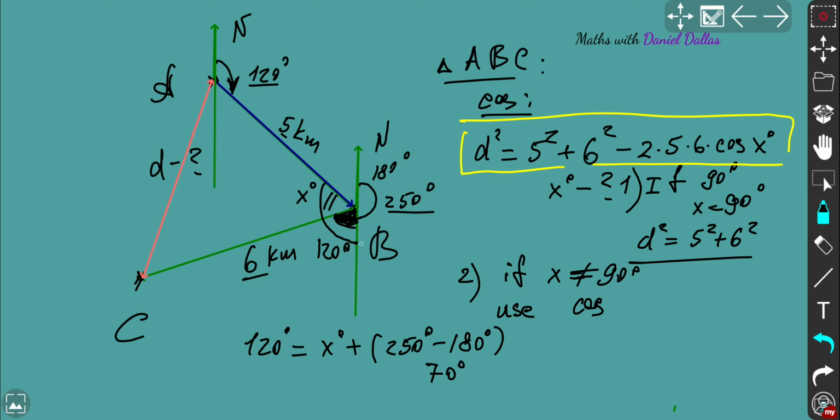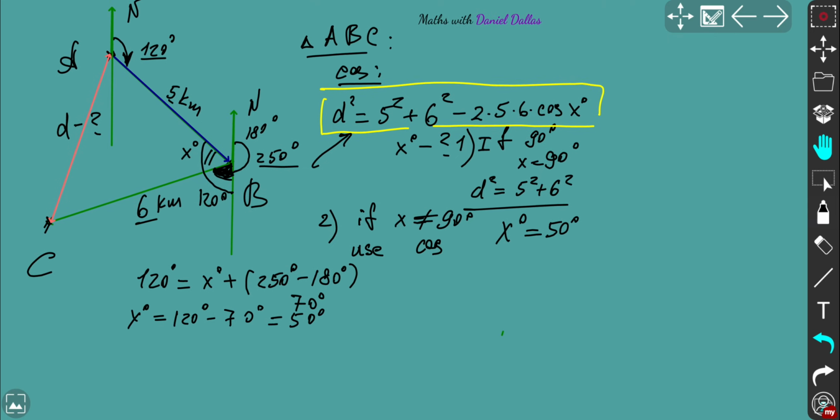So we can say that x in degrees is going to be 120 minus 70, which is actually 50 degrees. So now we know that angle x is 50 degrees. We are not going to use Pythagoras because it's not 90 degrees, and we're going to use that theorem. Let's calculate that.